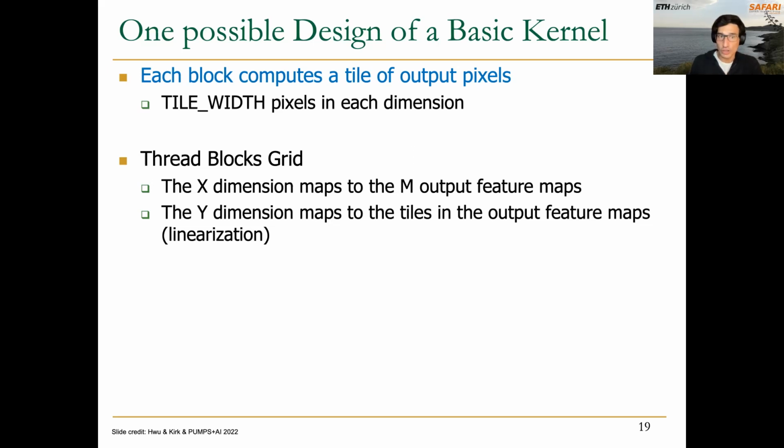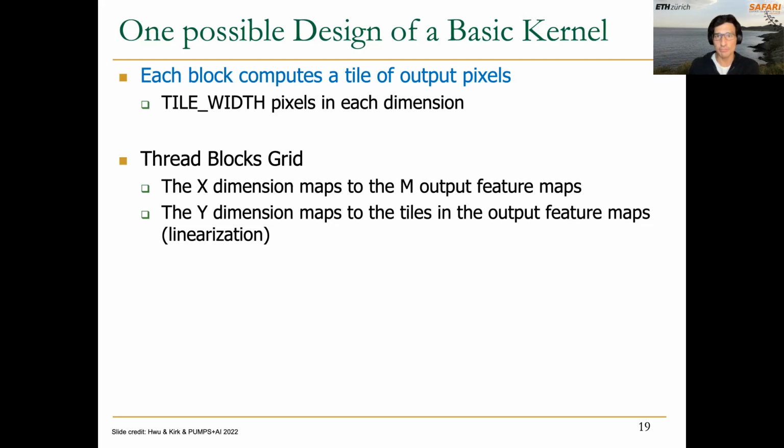As you can see here, we would be linearizing the computation of each of the output feature maps, because even though the tiles might be 2-dimensional, we are assigning a single dimension, the Y dimension of the grid, to all thread blocks that will compute these tiles of each of the output feature maps.